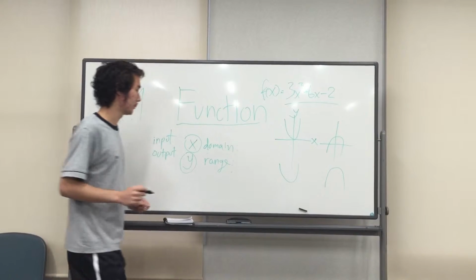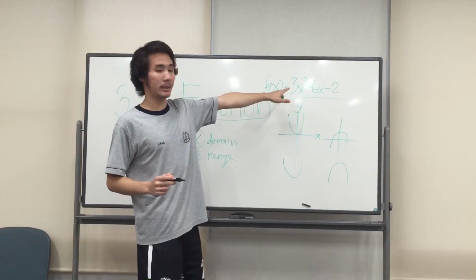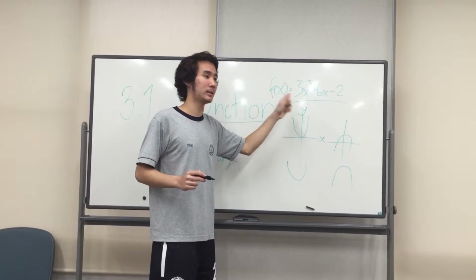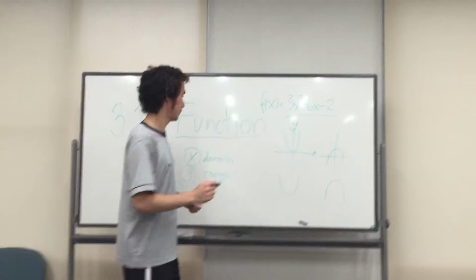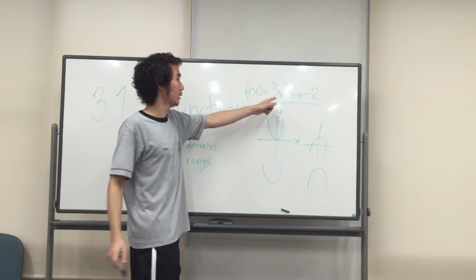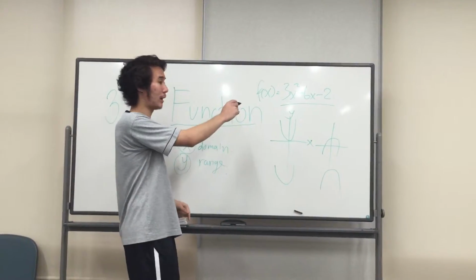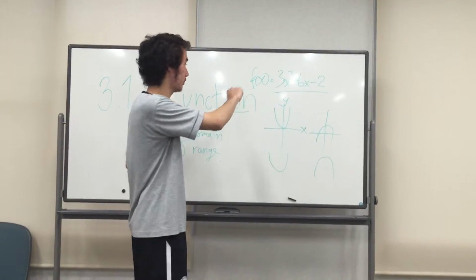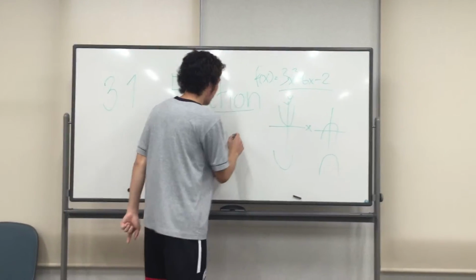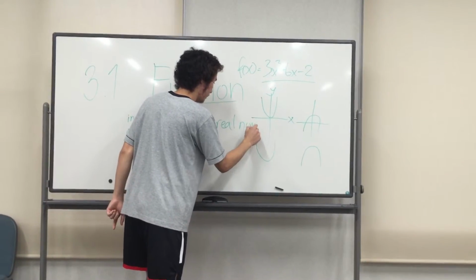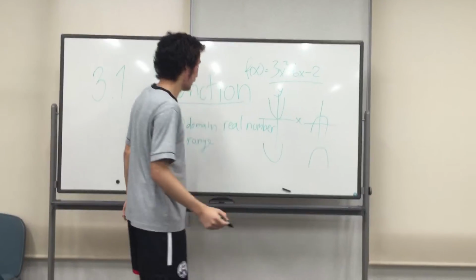Next, what numbers can we put in this function that will make it a function? We can put any number: 1, 2, 3, 4, 5, minus 5, minus 6, 1 over 2, anything. So this is real numbers. Okay, got it?